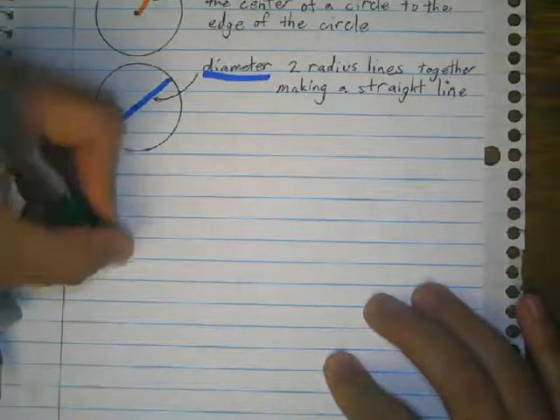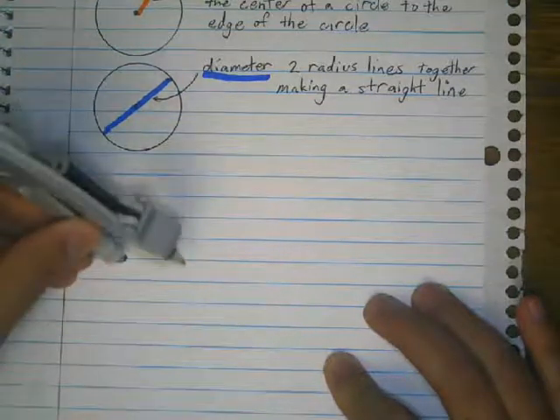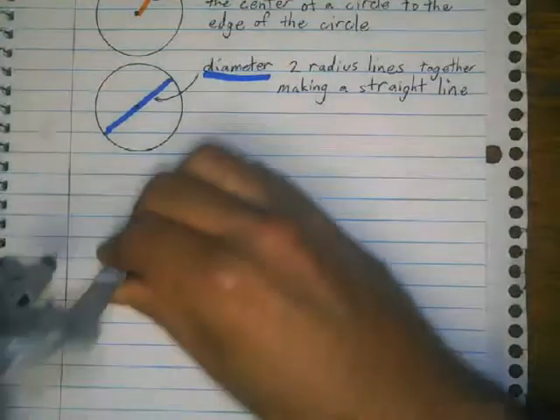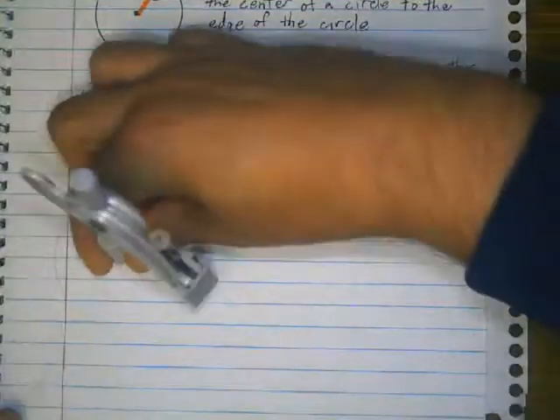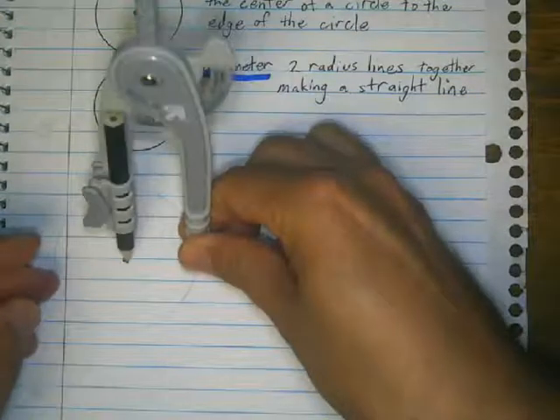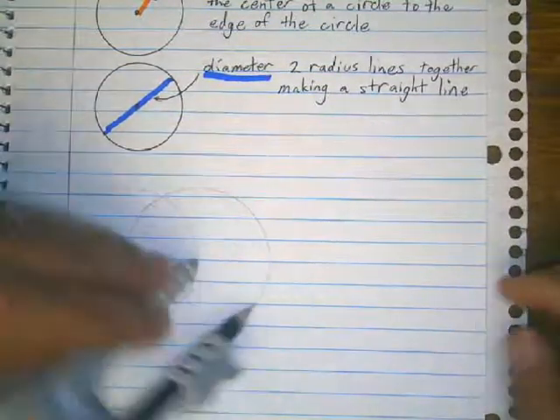So starting with one point here, I'm going to draw a circle. Okay, and then from some other point, I'm going to draw another circle with the same radius.